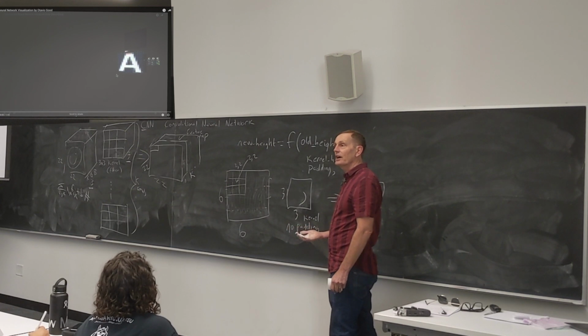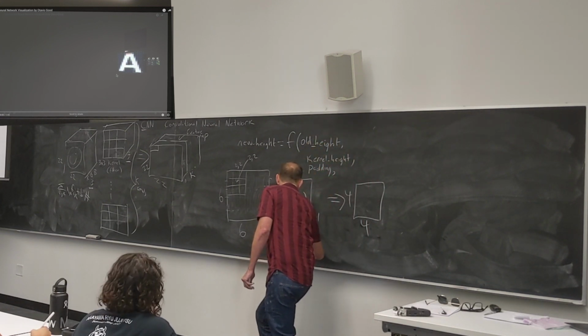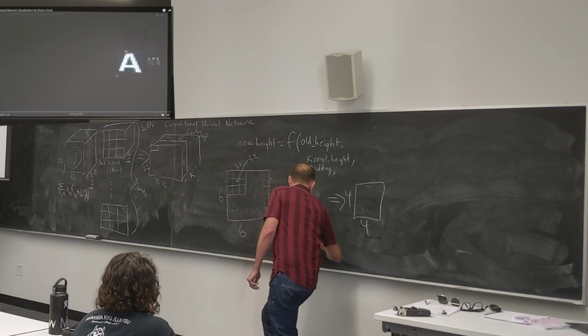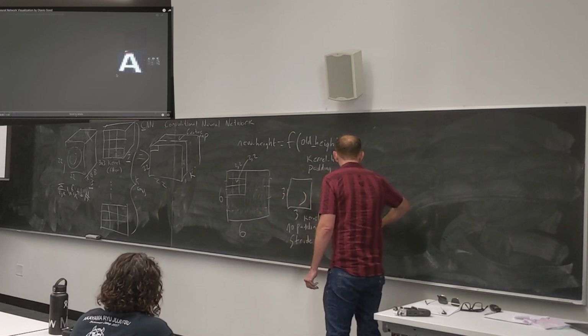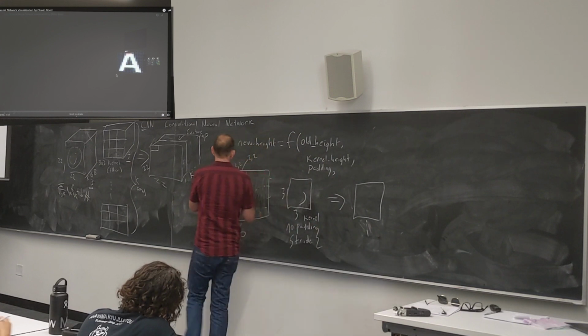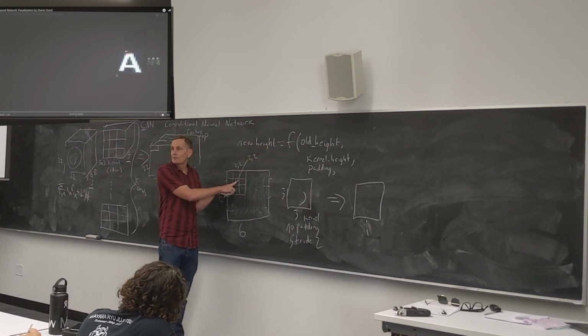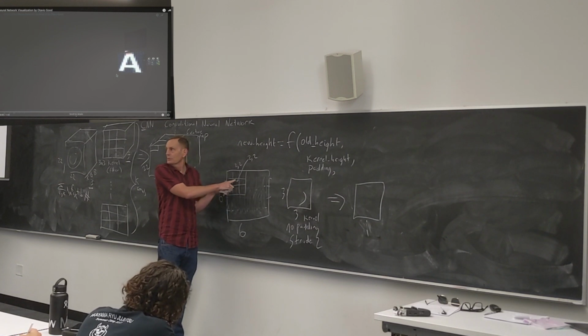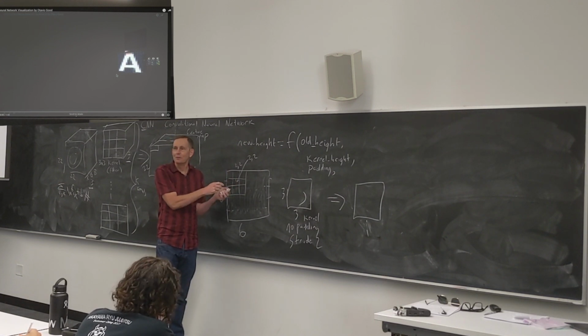Now let's change the stride from 1 to 2. So if we do stride 2, the first one is going to be at 2, 2, and the second one's going to be at, not 2, 3, sorry, but 2, 4.